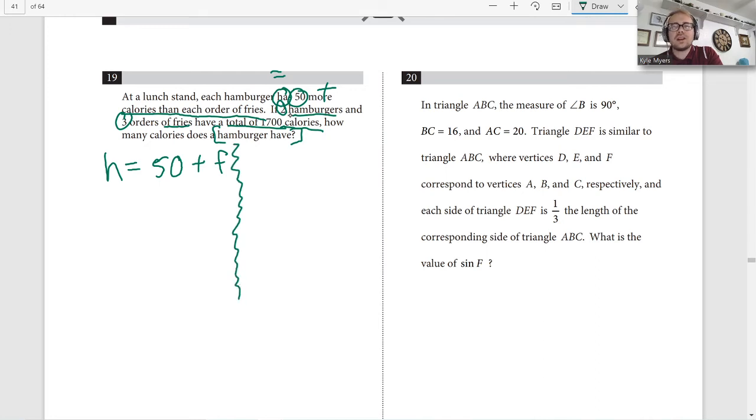And then the other equation is kind of given to us as well. If 2 hamburgers and 3 orders of fries have a total of 1,700 calories, how many calories does a hamburger have? Okay, so you can do this one of 2 ways. You can either do substitution just straight up because it's already set up for substitution.